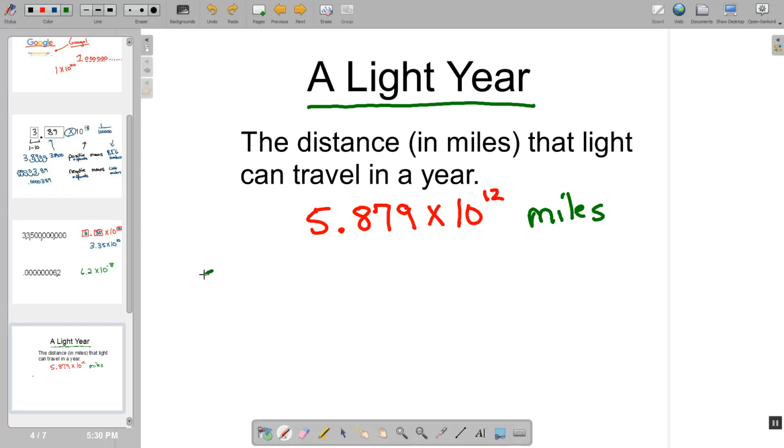Well, if I was going to write this out as a regular notation number, it would be this, followed by 1, 2, 3, and then 9 zeros. 1, 2, 3, 4, 5, 6, 7, 8, 9. Well, I'm hoping at this point you realize that writing this out as a regular number is crazy difficult. Therefore, writing as scientific notation would be much easier.